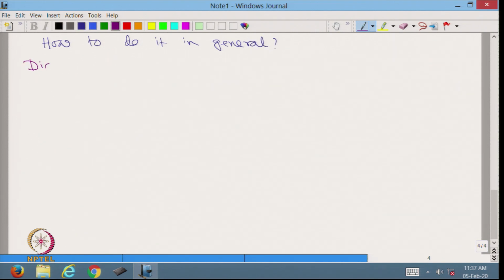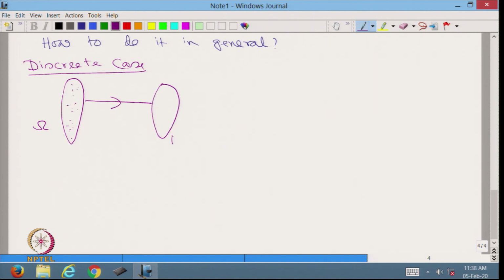So, consider the discrete case. Suppose this is omega and x is such that all these points are mapping to say x1, some other set of omegas are mapping to x2, and some other set of points are mapping to xn, and that is how x behaves.